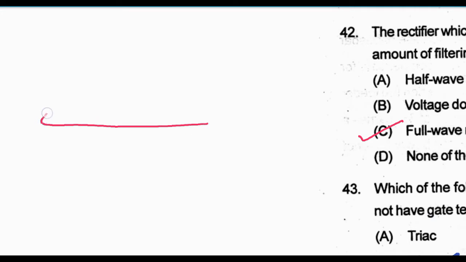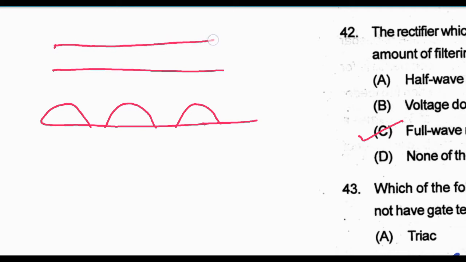Suppose this is the output voltage wave of a half wave rectifier. We can say that it requires more filtering, because we have to find ideally this type of voltage. Suppose this one is 5 volt, but this is half wave.